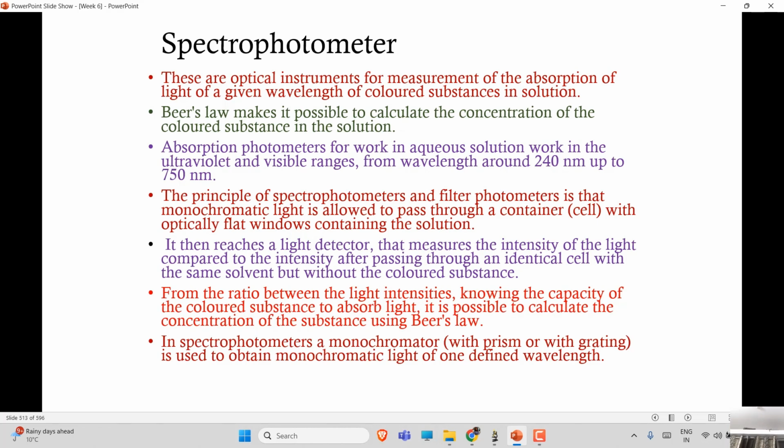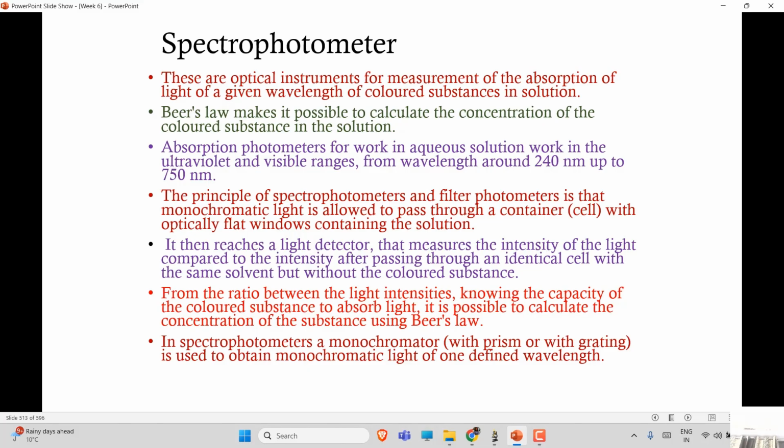The principle of spectrophotometers and filter photometers is that monochromatic light is allowed to pass through a container or cell with optically flat windows containing the solution. It then reaches a light detector that measures the intensity of the light compared to the intensity after passing through an identical cell with the same solvent but without the colored substance. From the ratio between the light intensities, knowing the capacity of the colored substance to absorb light, it is possible to calculate the concentration of the substrate using Beer's law.